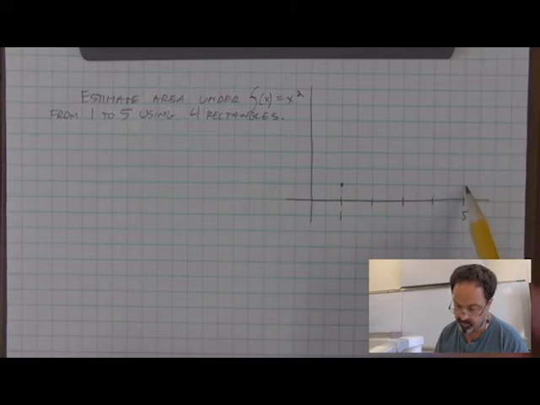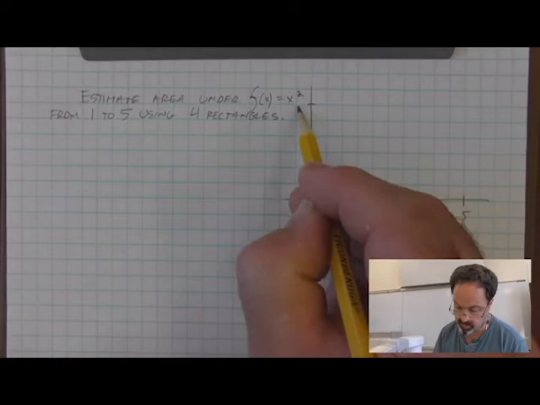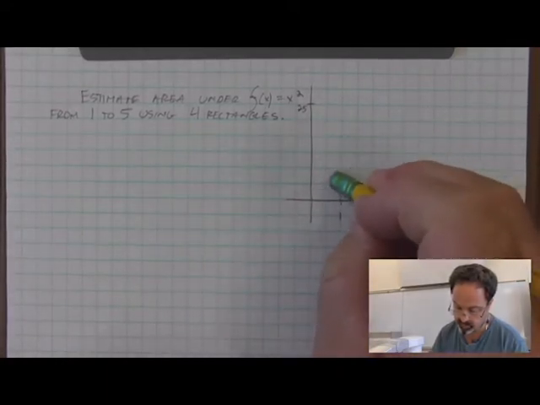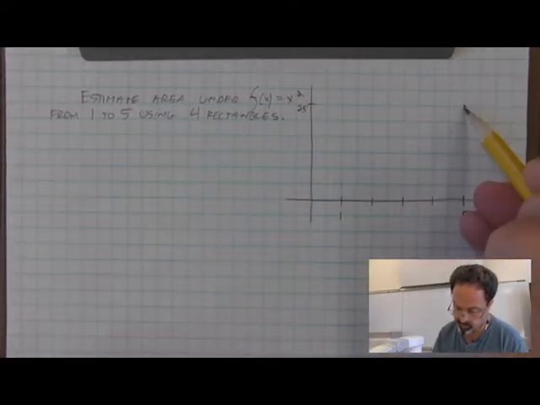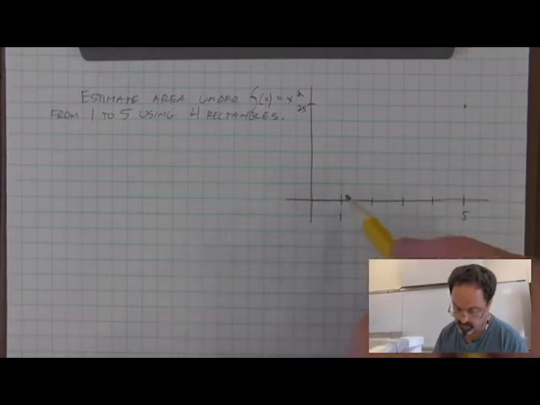So if we put 5 into the function, we would get an area 25. To use this space, it might look like this.